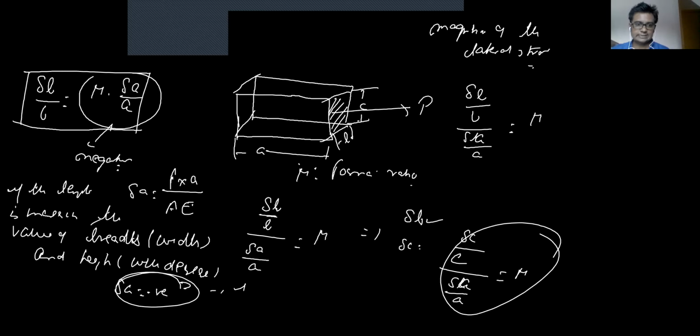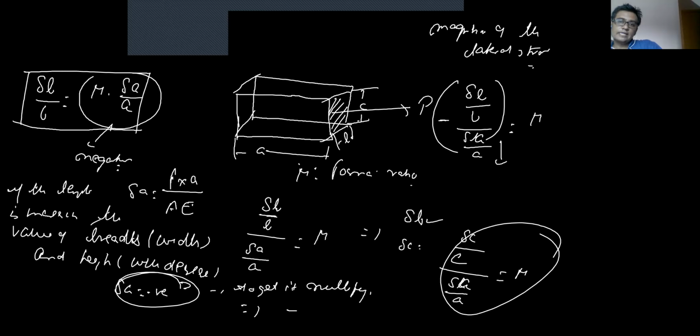To get it nullified, what we do, we put a negative sign in front of this ratio. So this delta B by B upon delta A by A will be obviously negative, so we simply put the negative sign out here. So mu will come in the form of the positive one.